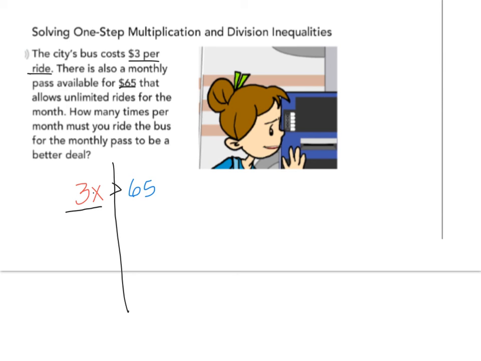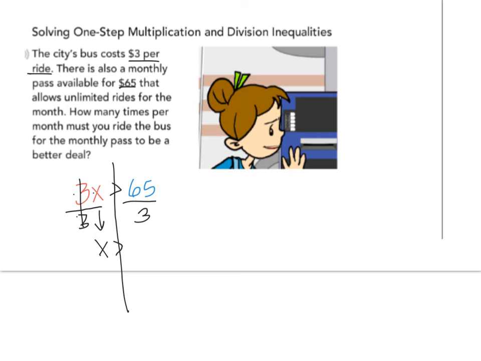So I am going to divide by 3 on both sides. 3 divided by 3 gives me 1. And 1 times x just leaves me with x. So I'm just going to bring down my variable. As I bring down my variable, I'm also going to bring down my inequality. And then I'm going to do 65 divided by 3.